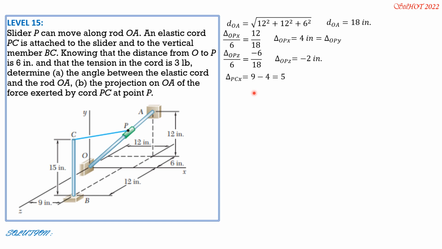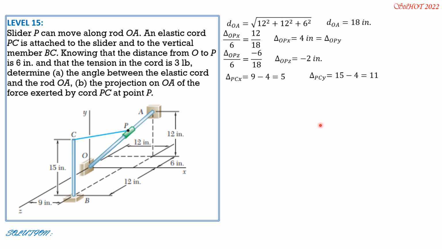Delta PCY is 15 minus 4, where 4 is delta OPY, 4 inches above the horizontal plane, and C is 15 inches above the horizontal plane. So therefore, C is 11 inches above P. That's why it is 11.